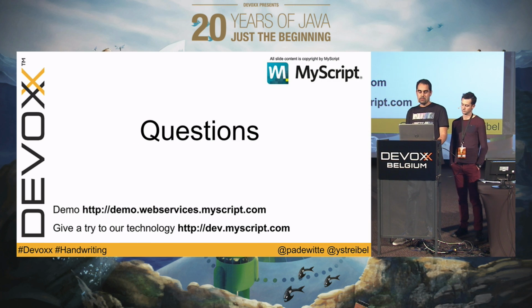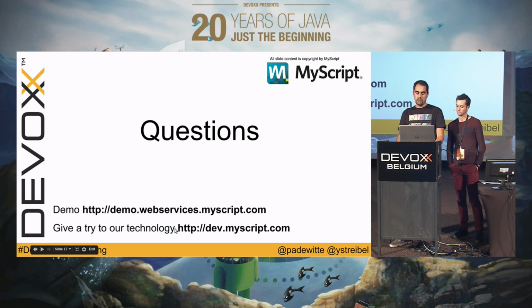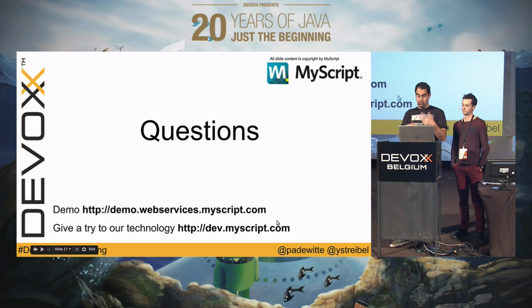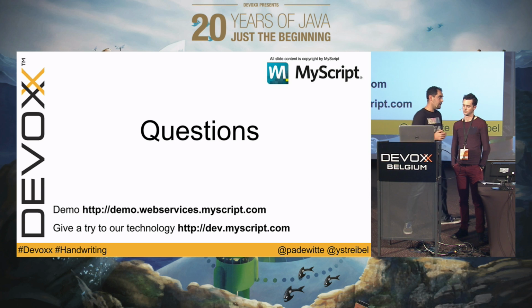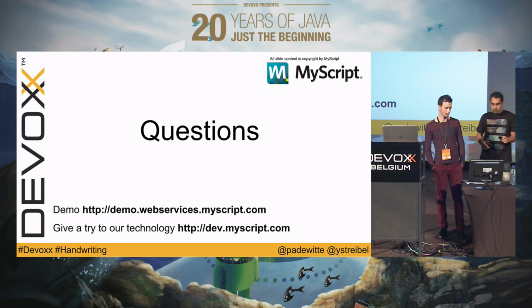We will read the question, but if you want to go deeper in our technology, you can go to our dev portal, dev.myscript.com. We explain all our technology and the different SDKs we have that you can use online on our server. We also have Android or iOS libraries on the core technology.